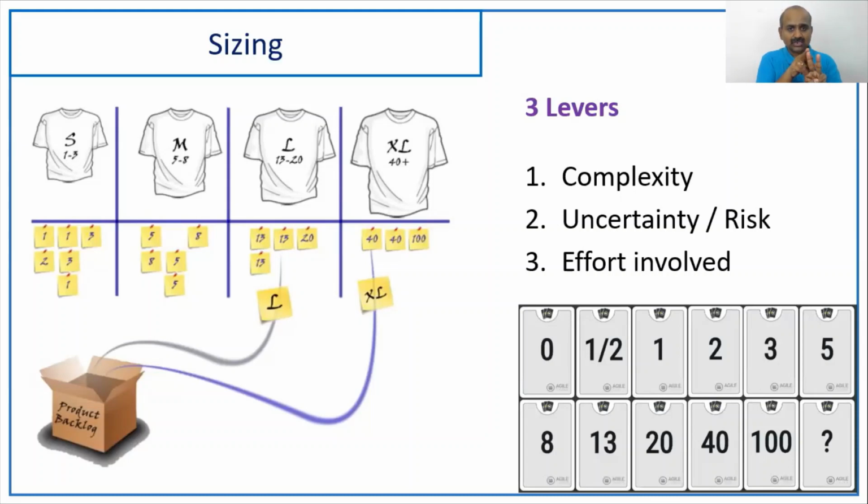But the complexity in the case of a cycle mechanic is less compared to the doctor, the surgeon. Similarly, the risk factor undertaken by the military professional is more. So as and when the complexity increases, as and when the risk increases, you tend to attach more story points. Why? Because that much amount of attention is needed.